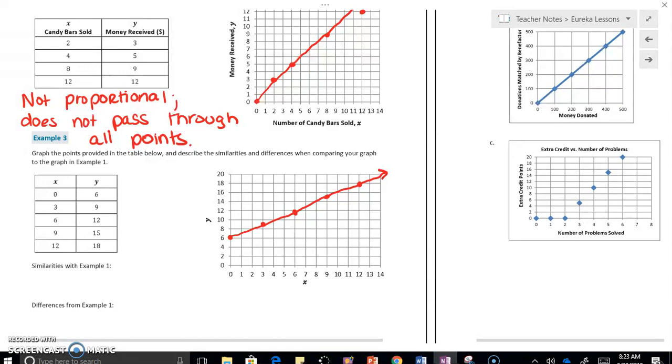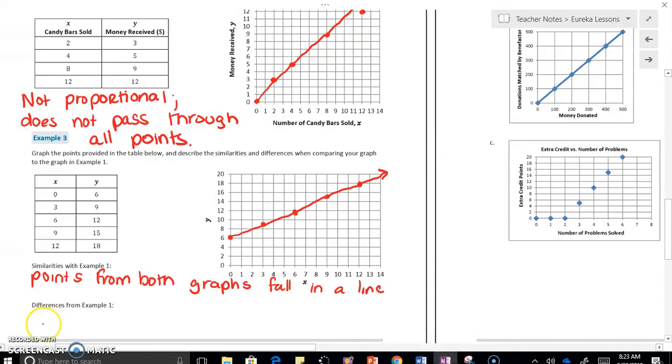So similarities with example 1, if we compare it, we can say that points from both graphs fall in line. And then differences from example 1, well, it does not start at the origin.